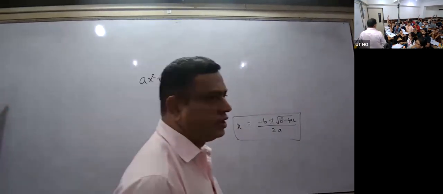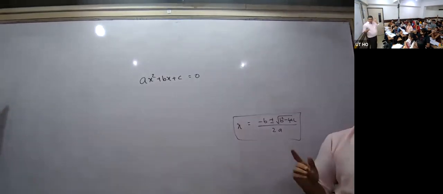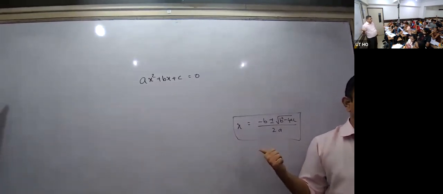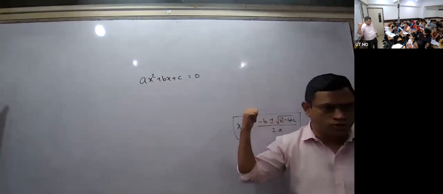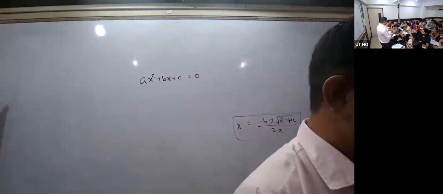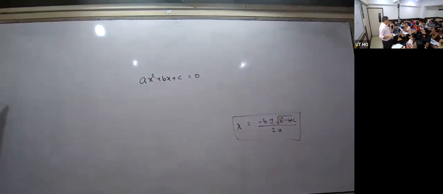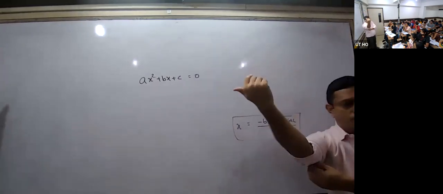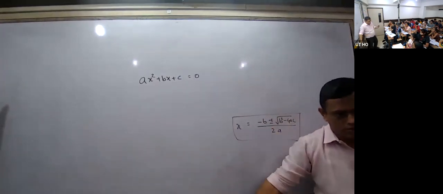Listen here. All of you listen. Still there are people who have not followed. This is the quadratic formula. This formula is used to find the solution of the quadratic equation. We have done one method, which is factorization.